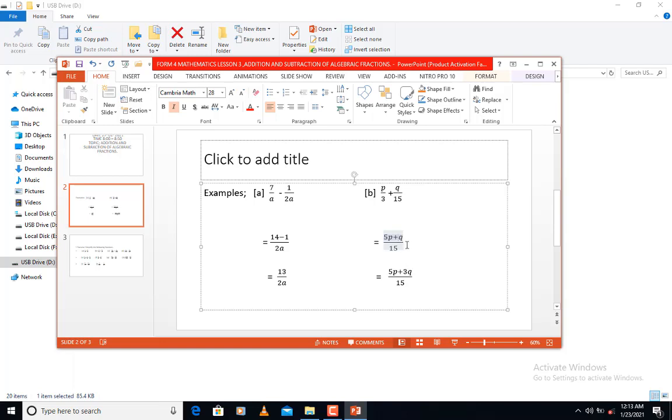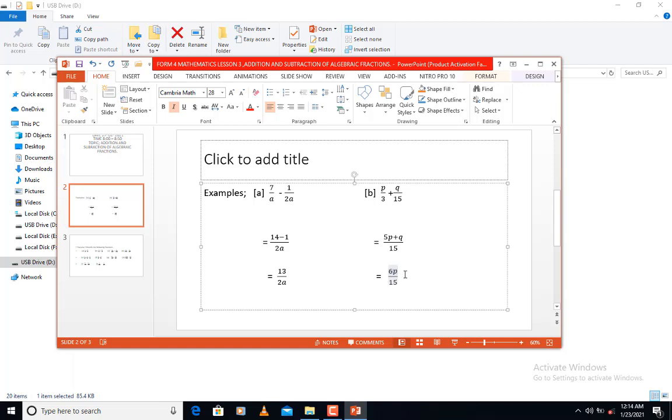Right, now simplify the numerator. 5P plus Q gives us 6Q. So our final answer there is 6P over 15. But 6P over 15, you can simplify by reducing 6 over 15 to its simplest form.